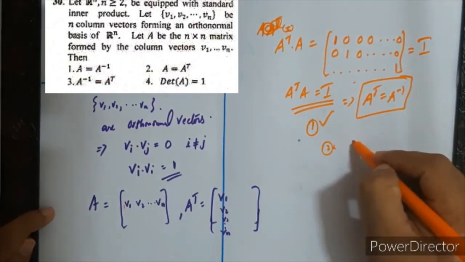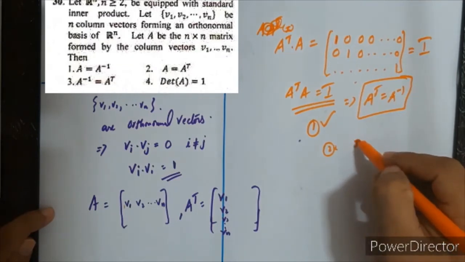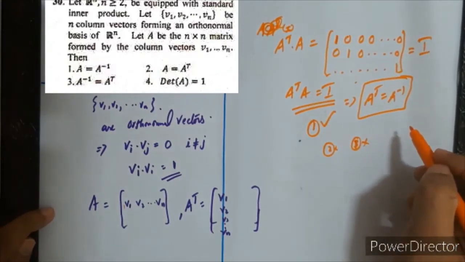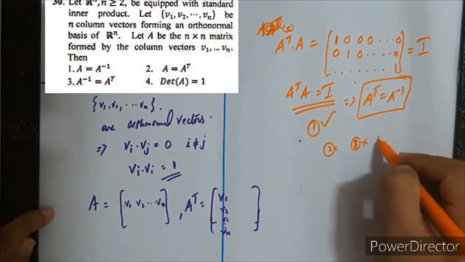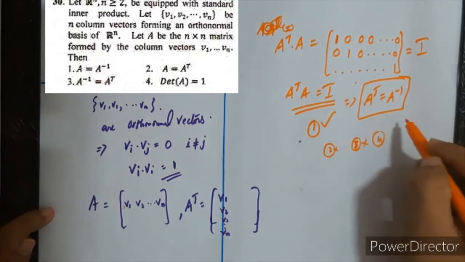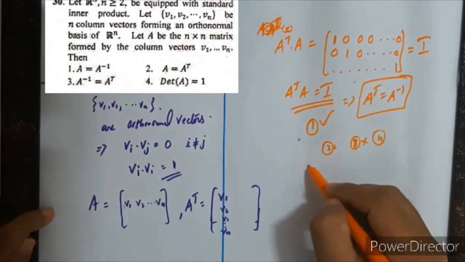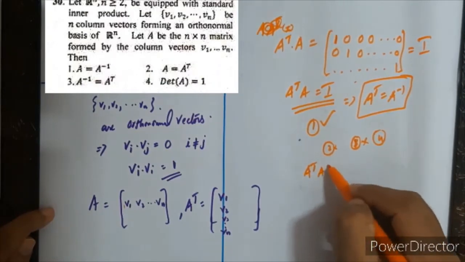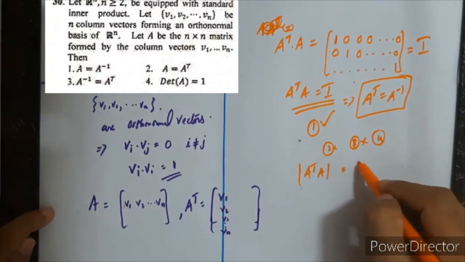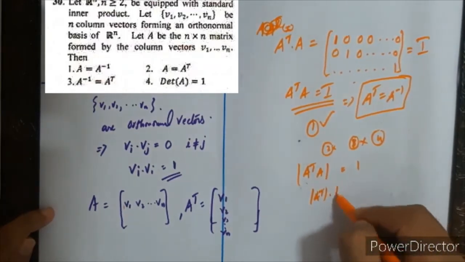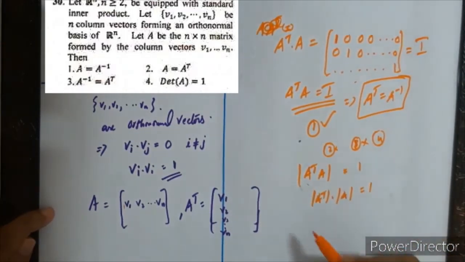And what about option 1? Option 1 is not correct. A may not be a symmetric matrix. And fourth one, determinant of A equal to 1. But here A transpose A determinant equals 1.